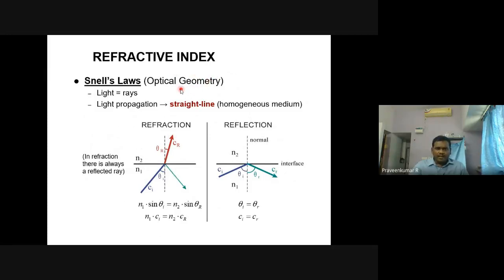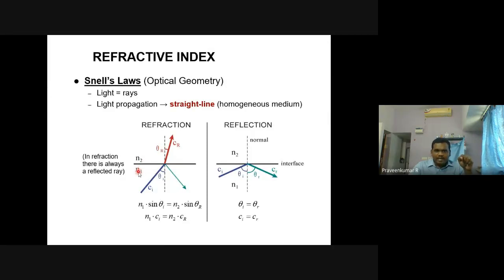By the help of optical geometry, you can understand that light is nothing but a ray. Light propagation in a homogeneous medium, or generally in an optical system like optical fiber material, will be in a straight line. So we have two diagrams here: one is refraction, another is reflection. When light moves from one medium to another medium, here I am denoting N1 as medium 1 and N2 as medium 2.